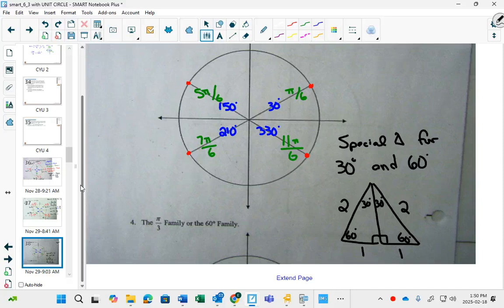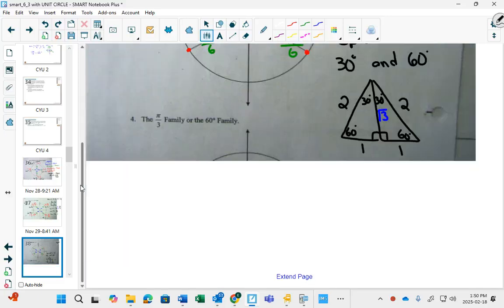And then I can do a squared plus b squared equals c squared. 1 squared plus b squared equals 2 squared. And this side we can solve, and it's the square root of 3. And because of that, we can look at this triangle and now say, I can figure out sine of 30 degrees, opposite over hypotenuse.